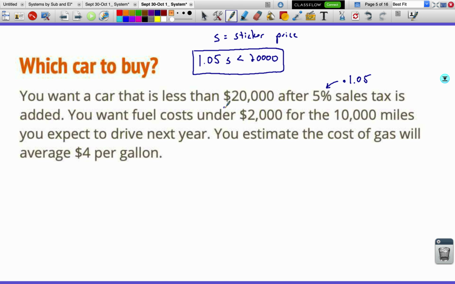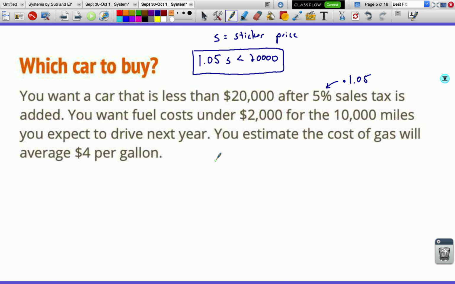Now you want fuel costs to be under $2,000 for the 10,000 miles you expect to drive next year, and you estimate the cost of gas will be $4 per gallon. You're going to estimate high so that in case gas does go up, your budget will still cover it. So what about the car are we actually going to look at?